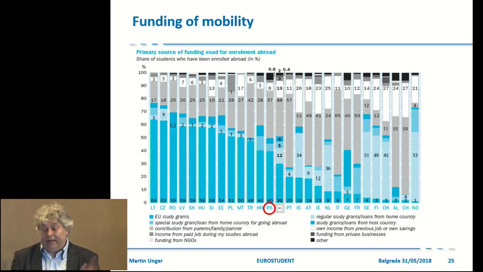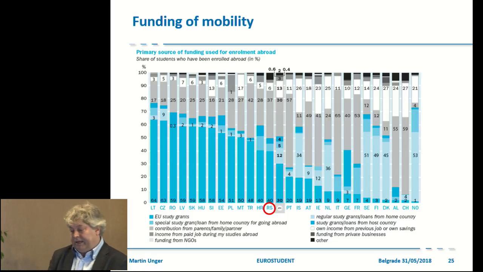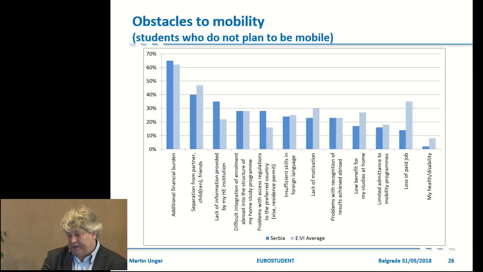And that could be a little bit the case for Serbia as well, because these 40% compared to the neighboring countries is surprisingly low, at least for me. So maybe they are more mobile, but going without any of those programs. And internships are of growing importance in many countries.